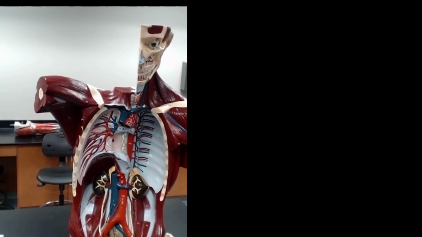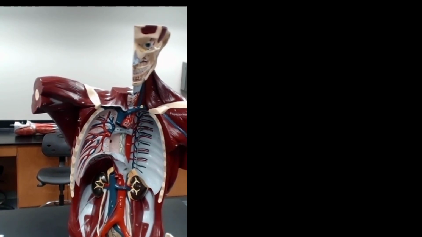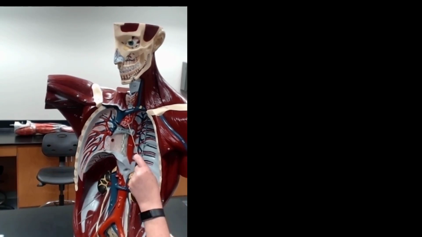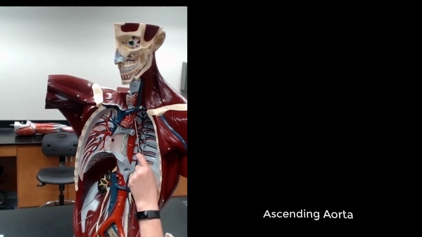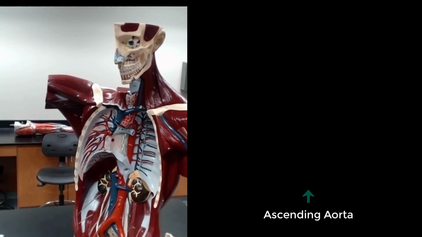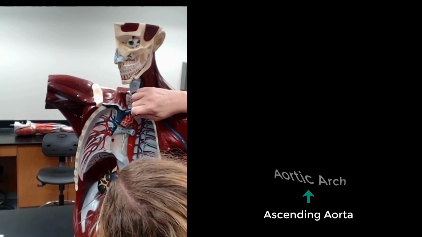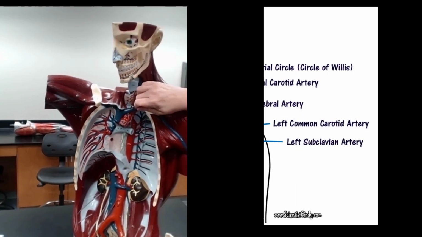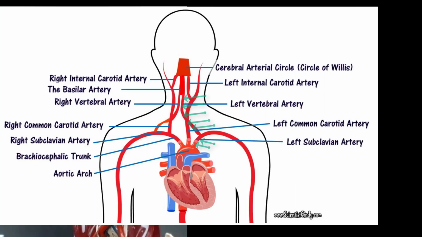Oxygenated blood from the heart is going to go through the ascending aorta, through the aortic arch, through the left subclavian artery. Now the left subclavian, we can't see where it branches here, but there is a branch rather far out actually, if you look at the diagrams.